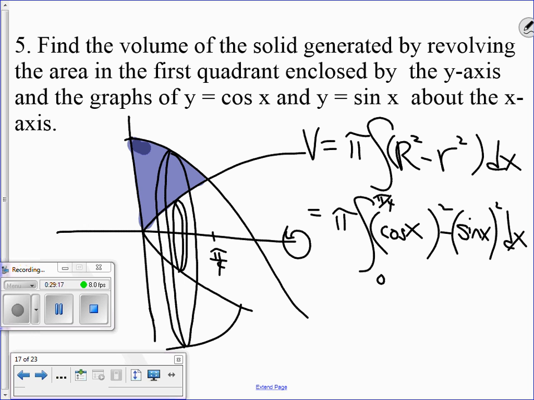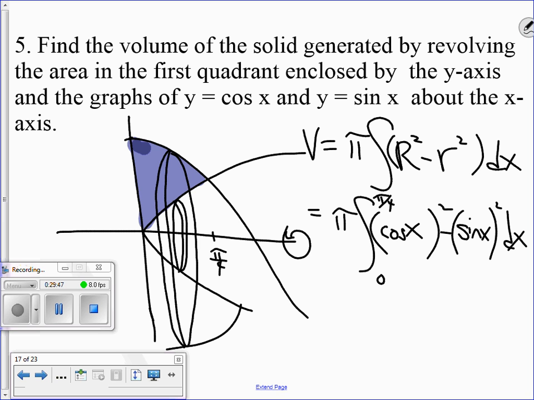So you could do that one, right? Maybe we could set up one more, because you could finish this one. Oh, this one, guys, you're not going to be able to do by hand. You've got to do it on the calculator. You can't integrate cosine squared minus sine squared unless you knew there was a trig identity. There's a trig identity that's equal to cosine squared minus sine squared.